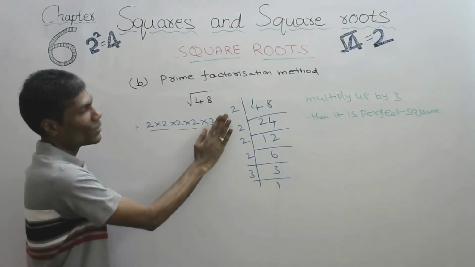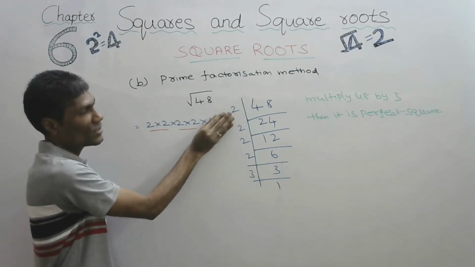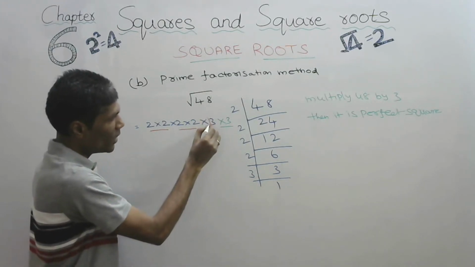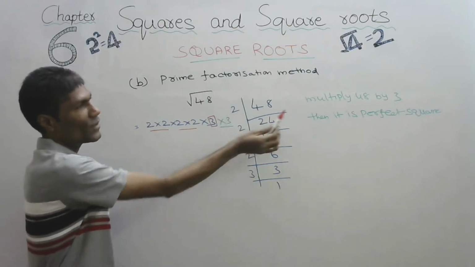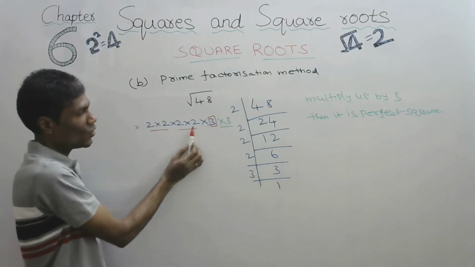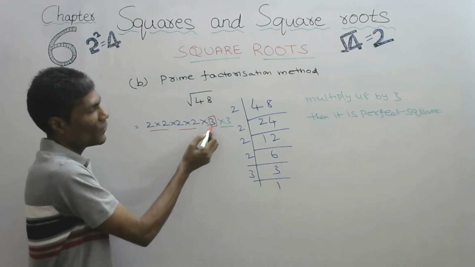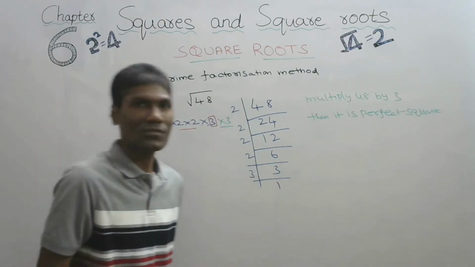So what we have to do? We have to remove this 3. If we remove this 3 part, this will be all pairs, a perfect square. So if we divide by 3, then it will become a perfect square.